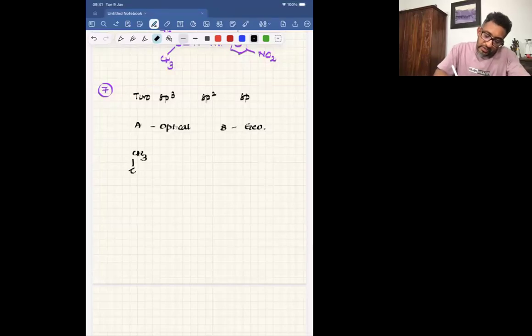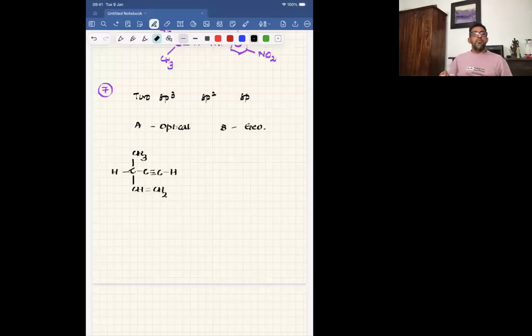Then I'm going to attach a hydrogen. Then I'm going to attach the sp2 centers. Then I'm going to attach sp3 centers. That's a simple way. Hydrogen, sp3 center, sp2 centers, and sp centers. Right? So 2, 2, 2.